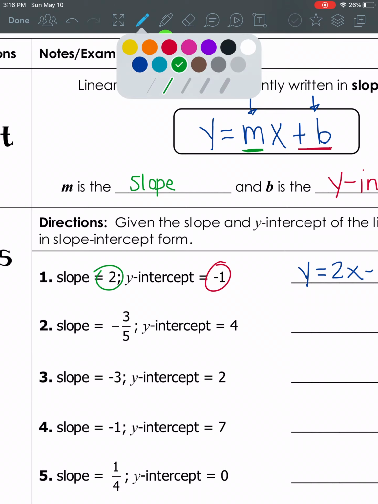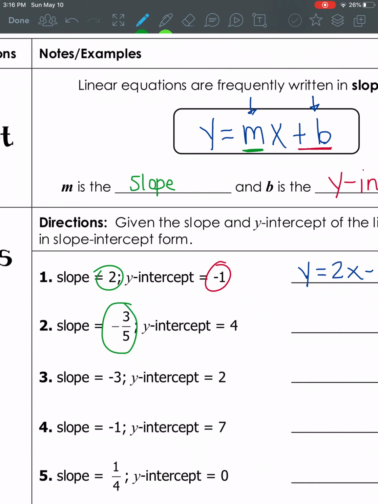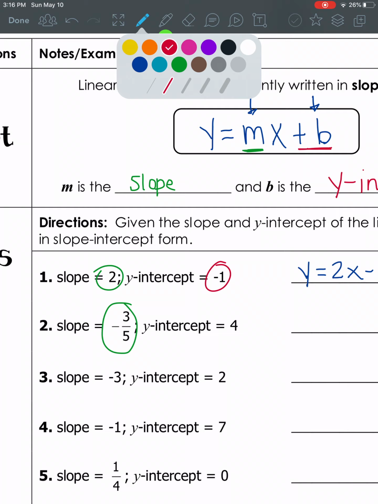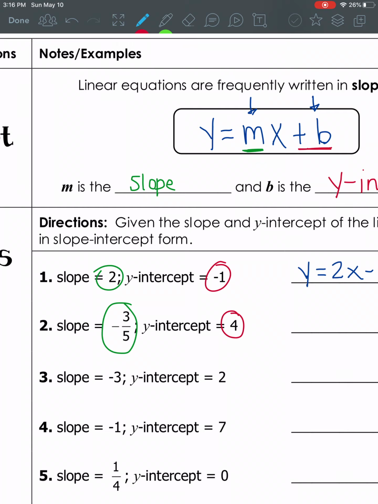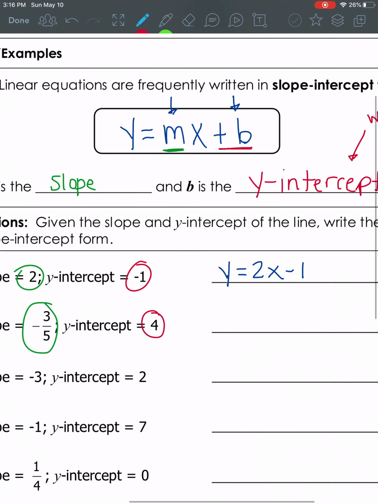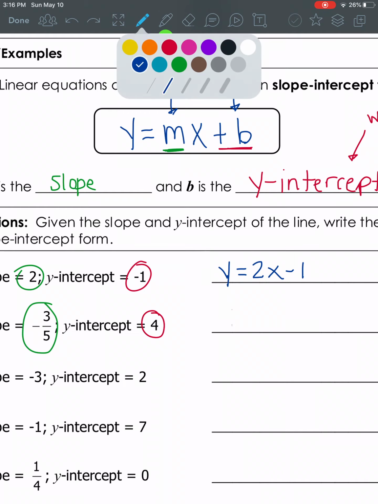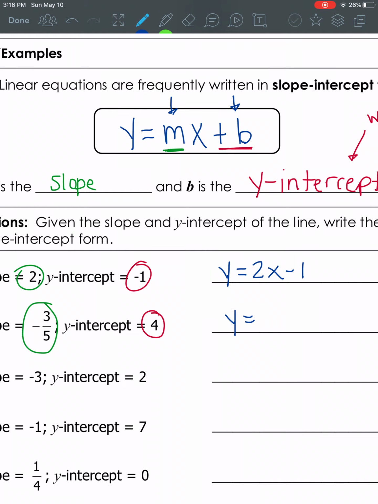So again, we have m, our slope is -3/5, our y-intercept is 4. In our equation up here, those are the only two things we're replacing. So y equals, actually I'm going to keep it consistent here and go to my blue color. Y equals, m is -3/5, x, don't forget the x.